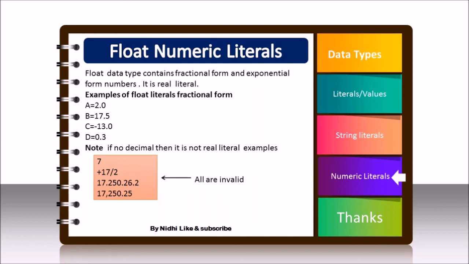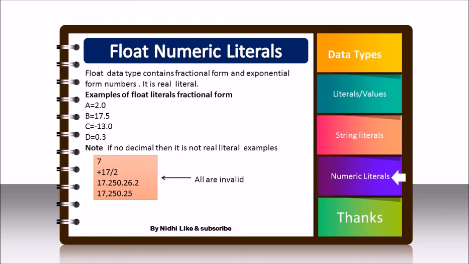Examples of float literals in fraction form are given here. It can be in the form of 2.0, 17.5, minus 13.0, 0.3. If there is no decimal, then it is not a real literal, it is considered an integer. Some invalid examples are given here: 7 is invalid because it does not have any fractional value, so it is just considered an integer.